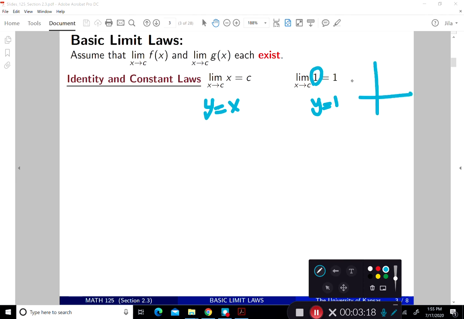Whatever point c I decide, as x approaches c, the y value is going to approach 1. And here the shape looks like this. This was y equal to x, and as you approach any point c, the y value approaches c as well.